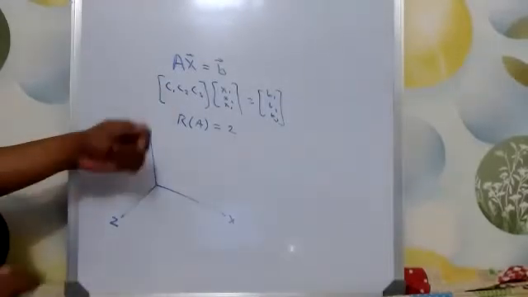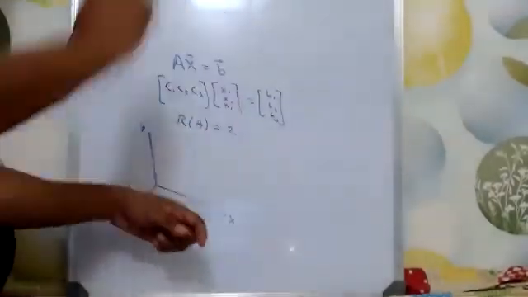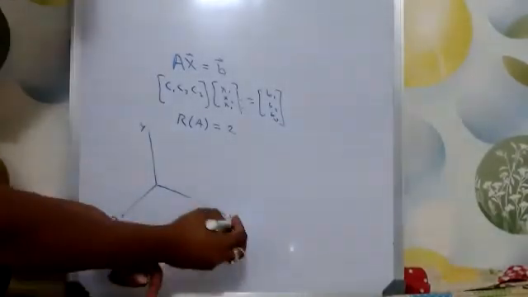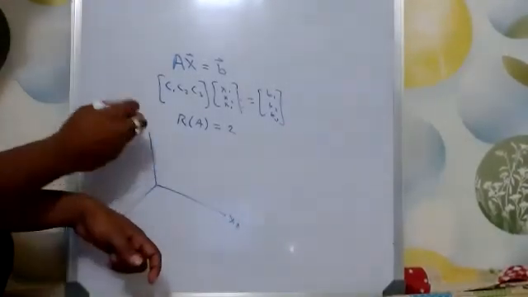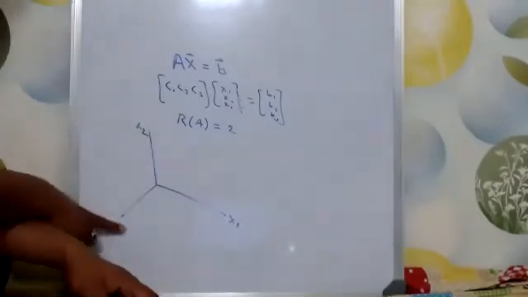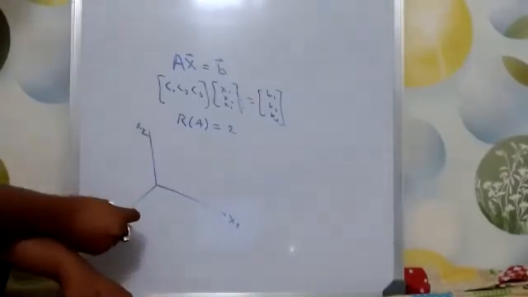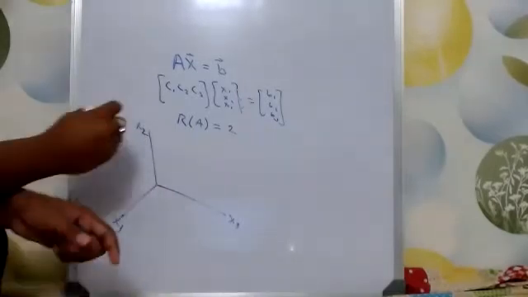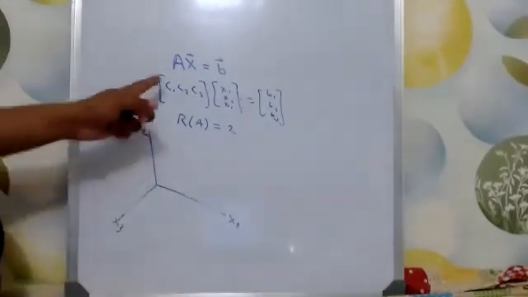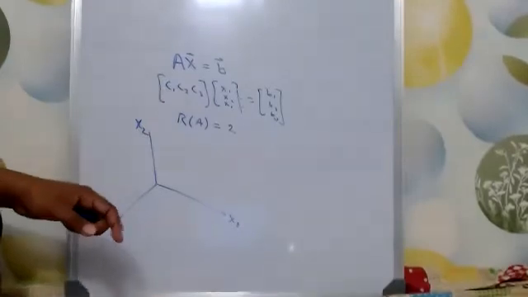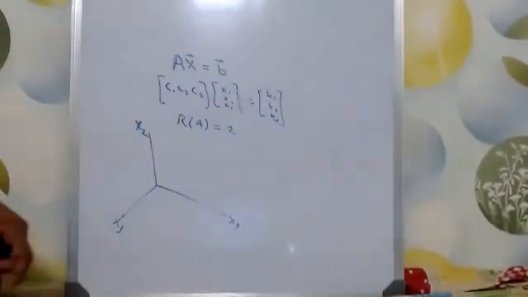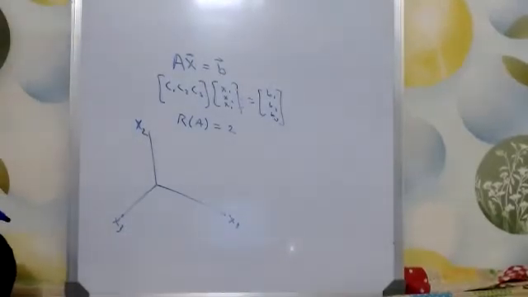Because since A has three columns, I will have x1, x2, x3 values. Different values of x1, x2, and x3, when combined by the columns C1, C2, C3, give me b1, b2, b3. So what is b1, b2, b3 then? This is the column space of A. All the linear combinations of the columns of A is the column space of A.